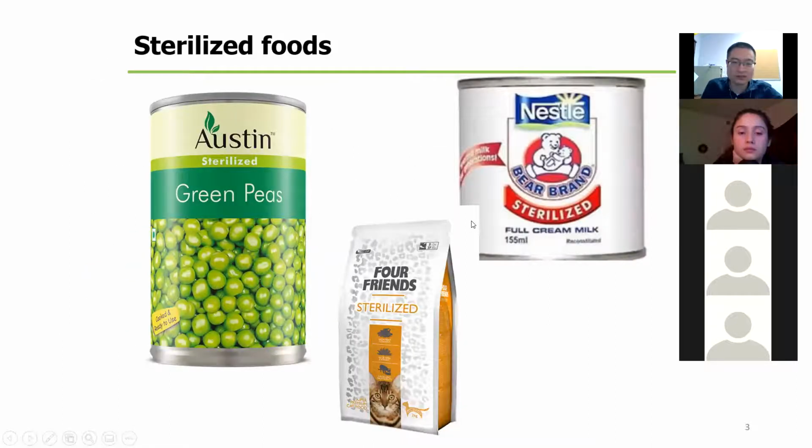So in the grocery store, we can find a lot of different sterilized foods like cream milk, a lot of vegetables and meat, sausages. Although the market is not growing as fast as frozen food, because frozen food is one of the biggest trends right now, the sterilized food is still a very important part of the market.